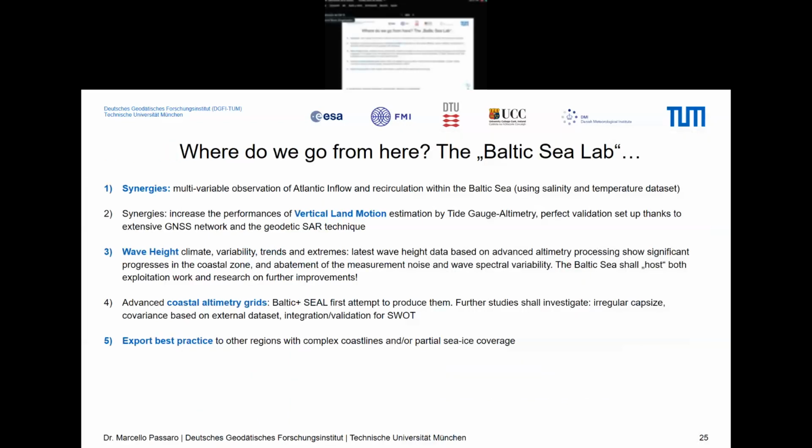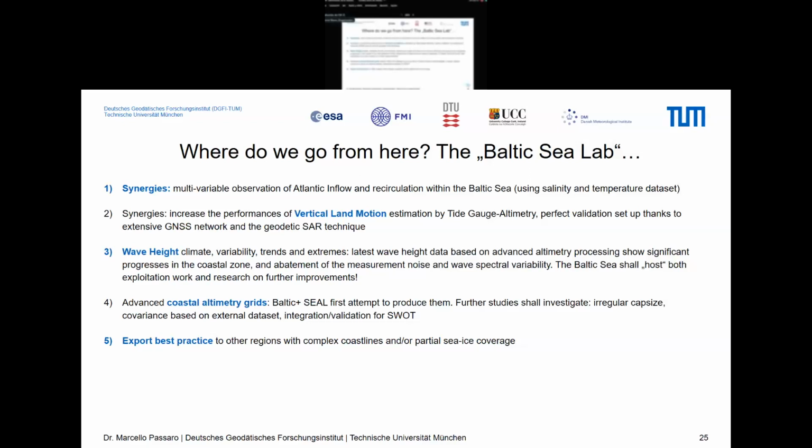Starting from here, we expect synergies with other investigations, like focusing on a sea level budget, for example, and there are already studies incorporating other variables like salinity and temperature, focusing on the steric variations in the Baltic Sea, and they have also already used these sea level data. Of course, the Baltic Sea is generally a very nice study area for validating absolute sea level trends because we have really a very dense GNSS network necessary to correct tide gauges.